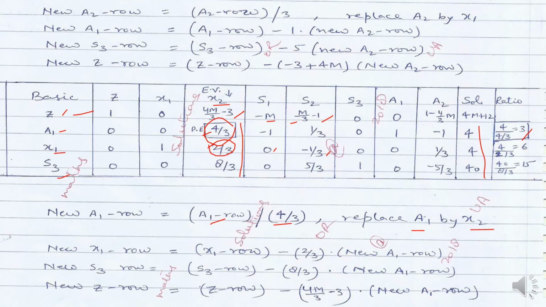And the new s3 row will be s3 row minus 8 by 3 into new a1 row. The new z row is equal to z row minus 4m upon 3 minus 3, which is the element in this pivot column corresponding to the z row, into new a1 row. So when we do these calculations, we get the following table.